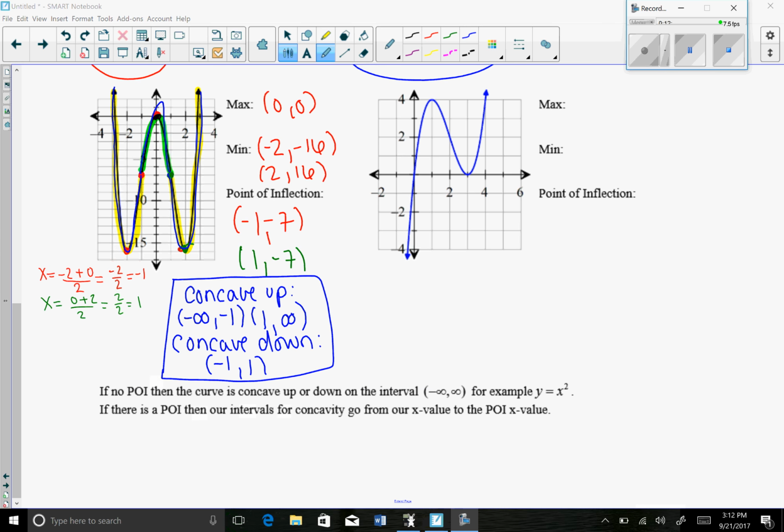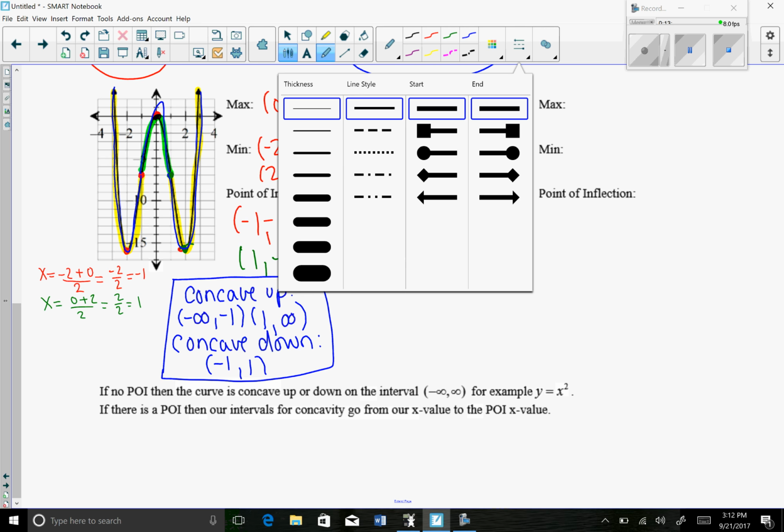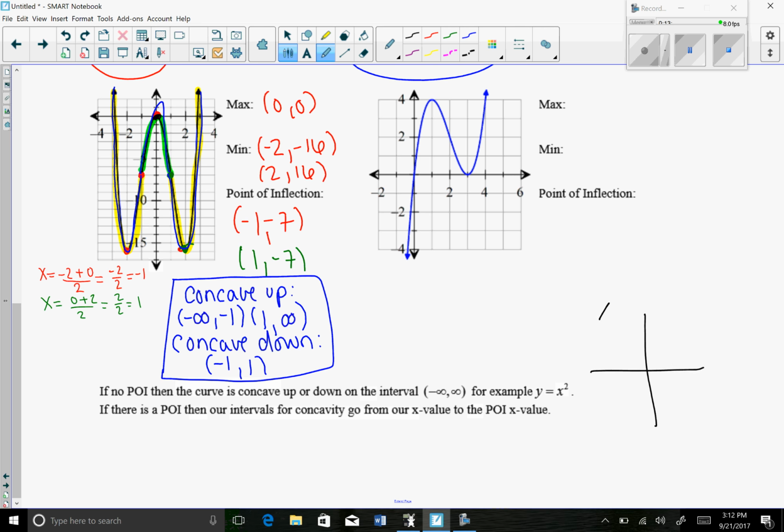If there is no point of inflection, then we say the curve is concave up or down on the interval from -infinity to infinity. For example, for a quadratic graph, there's only, in this case, one minimum point. So my curve is not going to be changing from concave up or concave down, because you have to have at least two.